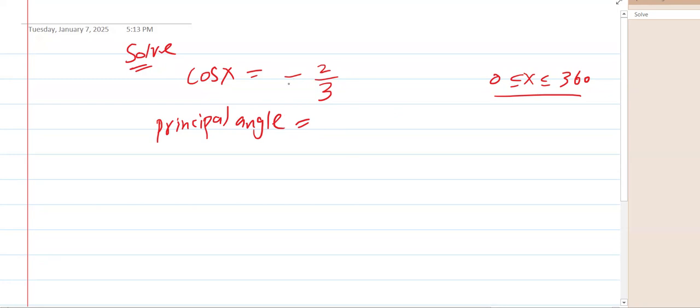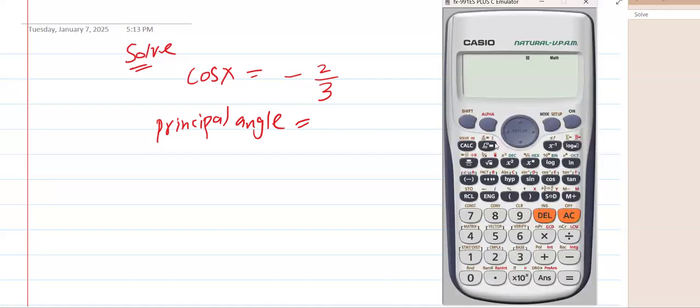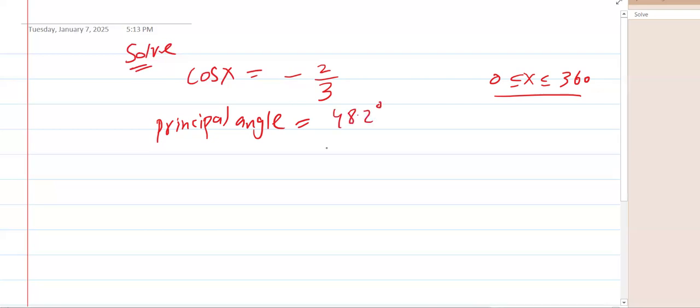And for the principal angle, we ignore the negative sign. We do ignore the negative sign. What would it be? It would be just cos inverse 2 over 3. Don't take the negative value, okay? It is 48.2, because to one decimal place you round it to 48.2.